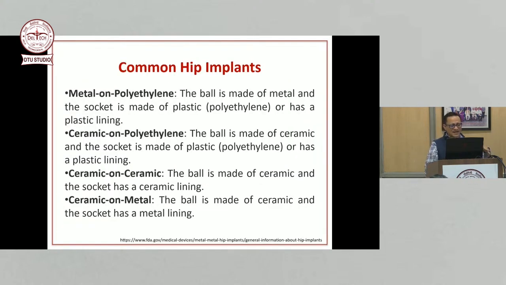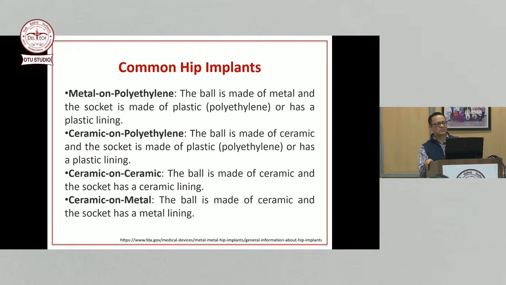So common hip implants, and this is the FDA website, you can go on it, it has good information. Metal on polyethylene: the ball is made of metal and the socket is made of plastic. Ceramic on polyethylene: the ball is made of ceramic and the socket is made of plastic. Ceramic on ceramic: ball and cup are both ceramic.